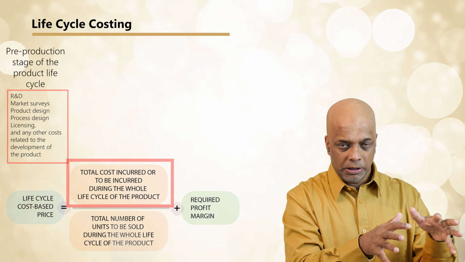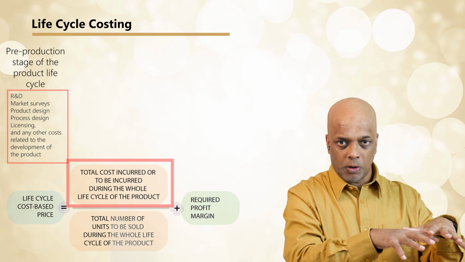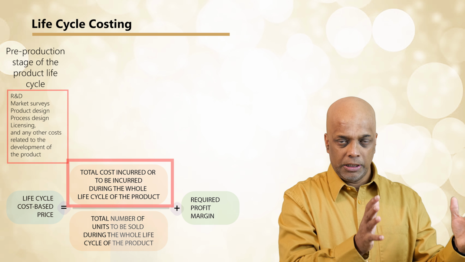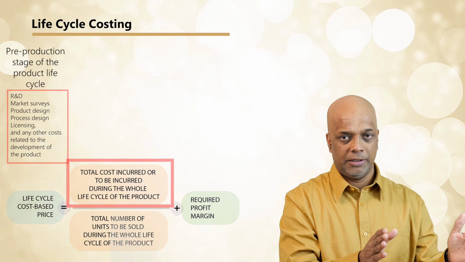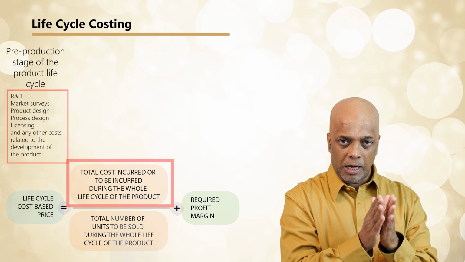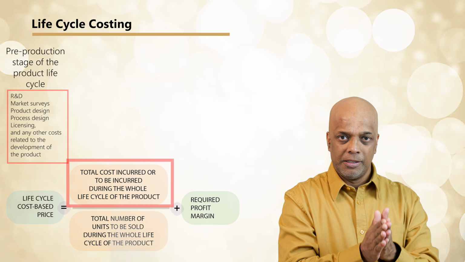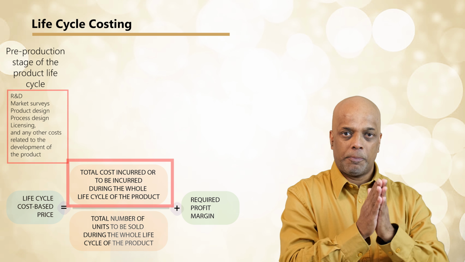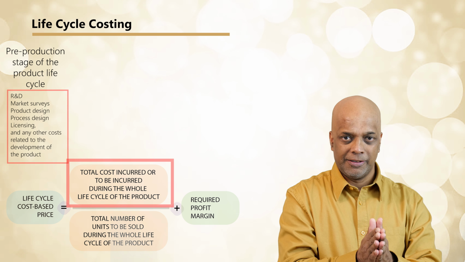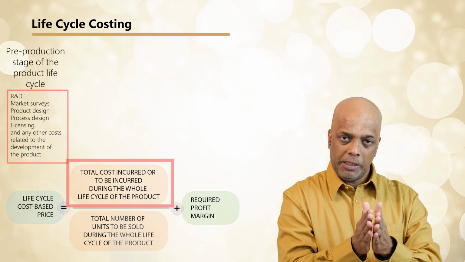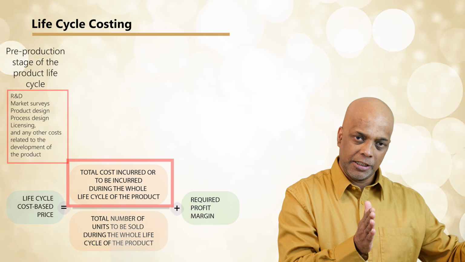So depending on the particular circumstances, depending on the particular case, you have to think about all the cost, the total cost that you have to incur before your production starts. That is what we call pre-production or the design stage.